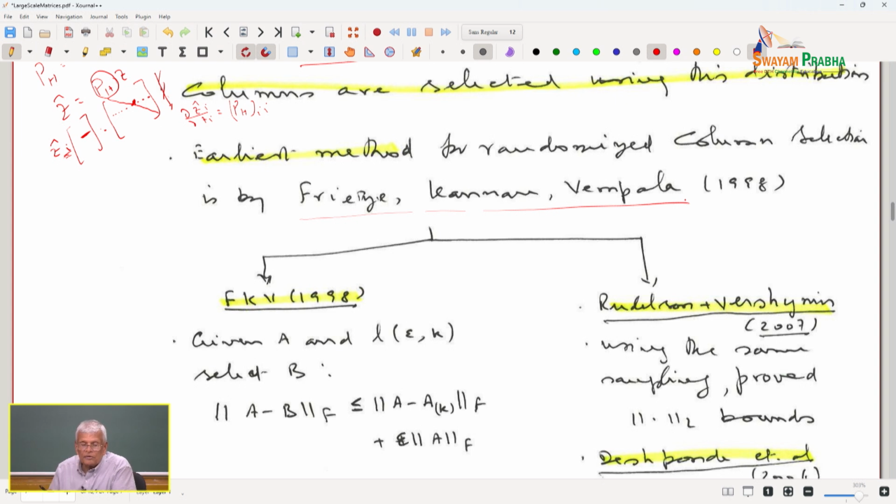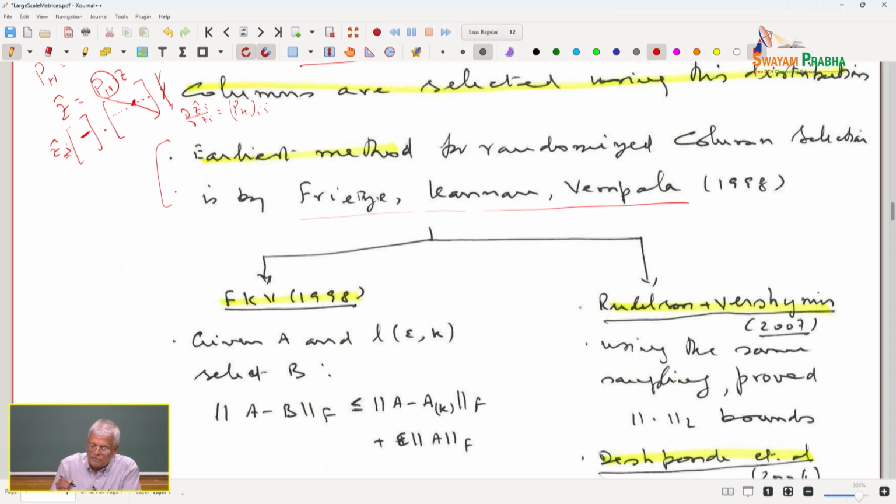So it's hardly 25 years old. This is the earliest idea. That means the subject of randomized linear algebra is about 2.5 decades old. It's very new compared to many of the other results in linear algebra.